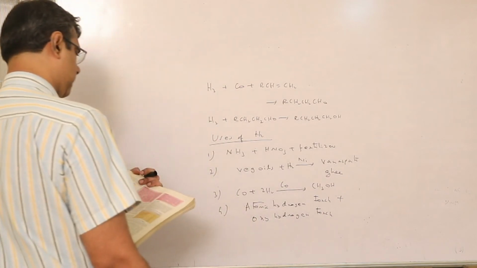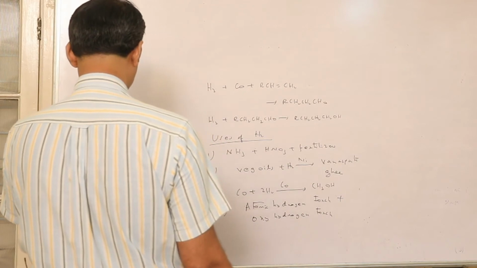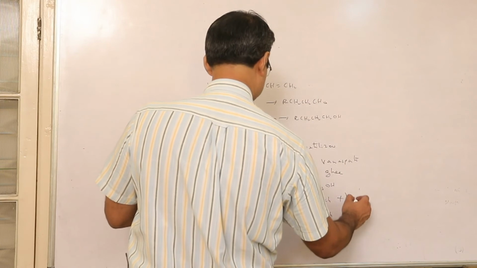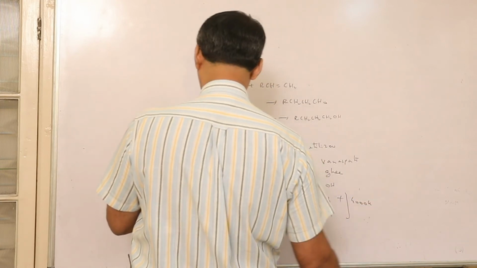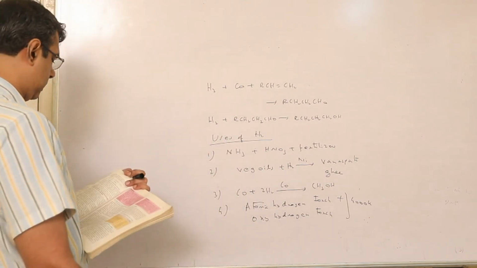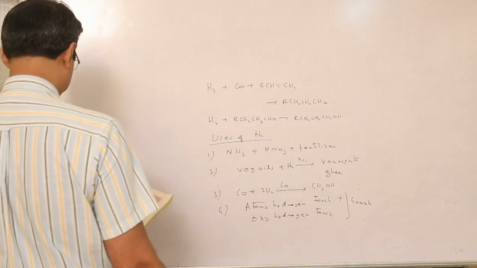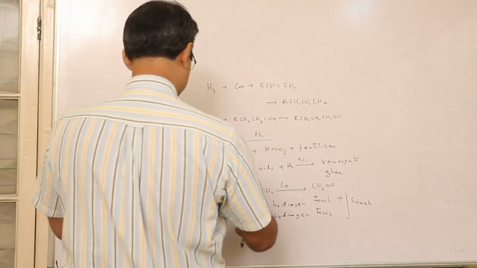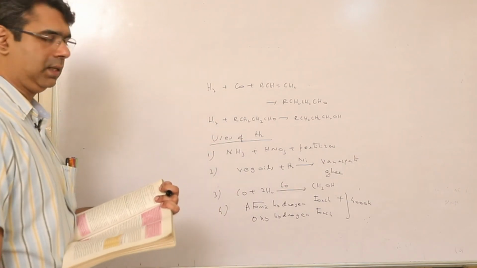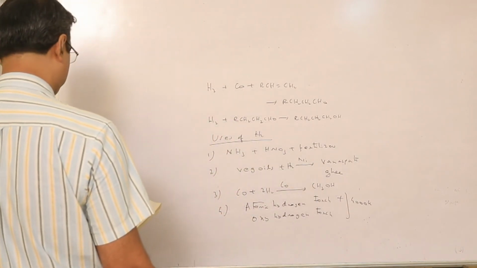Now these torches, atomic hydrogen torch and oxyhydrogen torch, they are used to generate very, very high temperatures of around 4000 Kelvin. So they can be used for cutting and welding purposes. For example, in atomic hydrogen torch, what happens is that atomic hydrogen atoms are allowed to combine on the surface which has to be welded, and that combination is able to generate so much temperature.